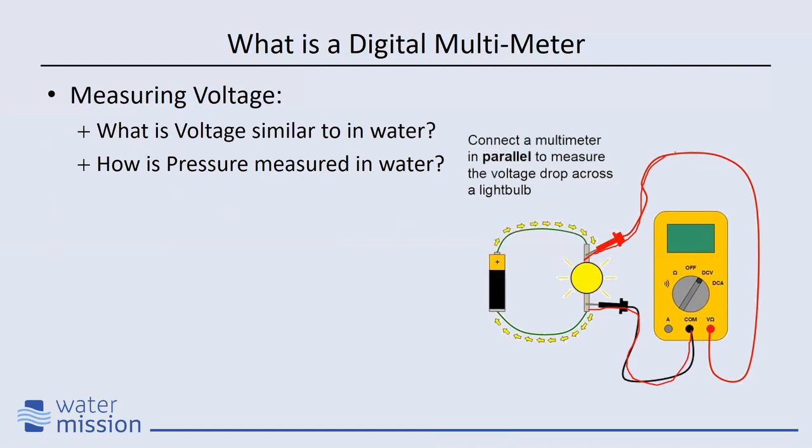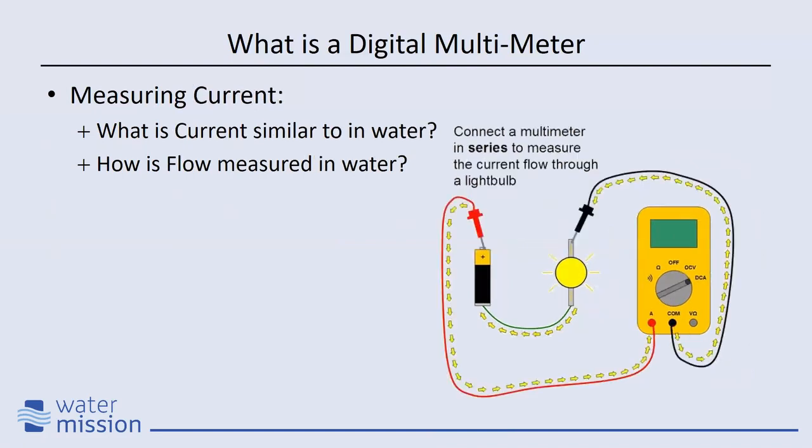If we want to measure the current of a system, we think current, it's similar to flow rate in water. How is flow rate measured in water? It's by installing a flow meter in series with the flow, because we have to have all of the flow of water go through our flow meter. Well, it's the same thing with a multimeter.